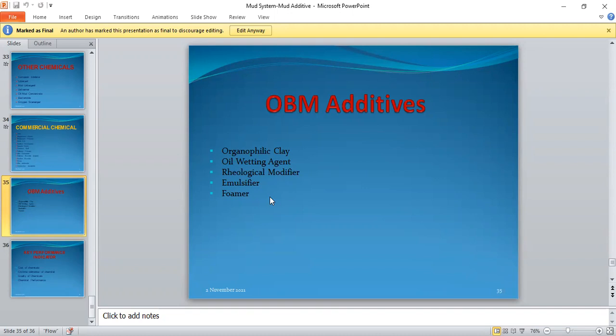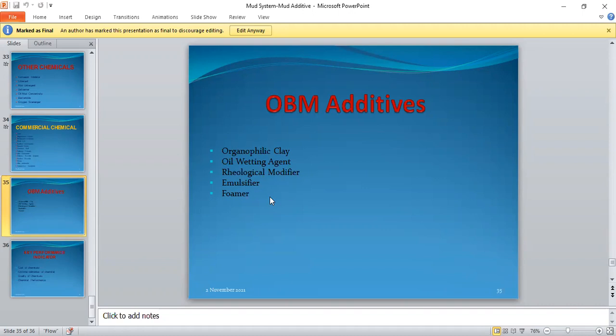Emulsifiers, I've explained emulsifiers before. They are used to enhance water and oil mixture. They have a polar and non-polar end. The polar end will react with water. The non-polar end will react with oil, thereby bringing oil and water together.